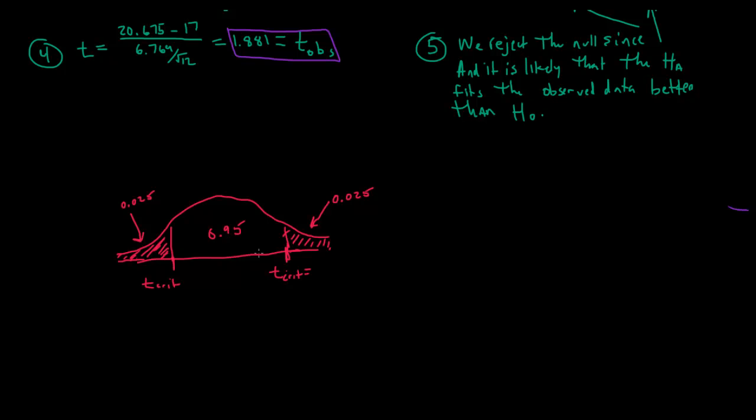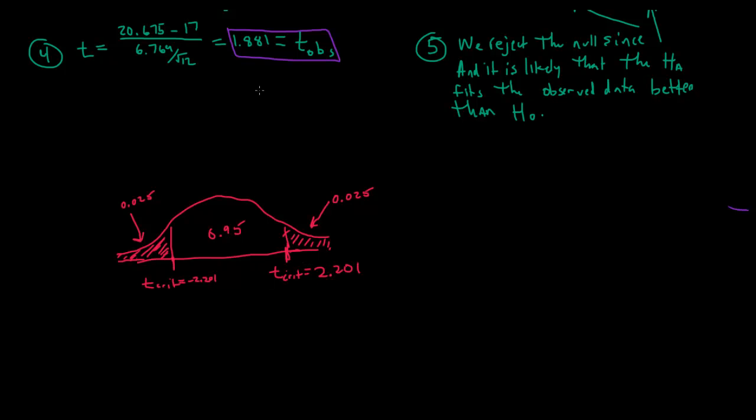We want the right-hand critical value, so we look at the column 0.025 intersected with the row of 11. It's 2.201, which would then mean the other is negative 2.201. Those are our critical values now.